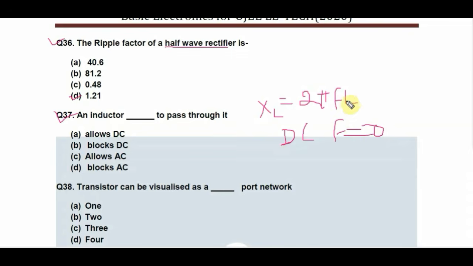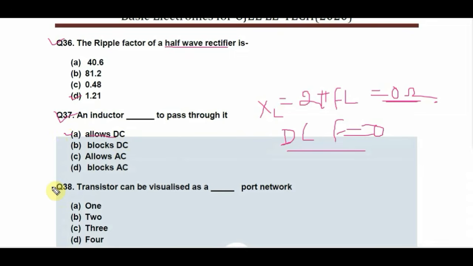So putting frequency 0, XL equals 0 ohm. That means for a DC current, the XL value will be 0. That means current will flow easily. That is, it allows DC easily. Option A is the correct answer.